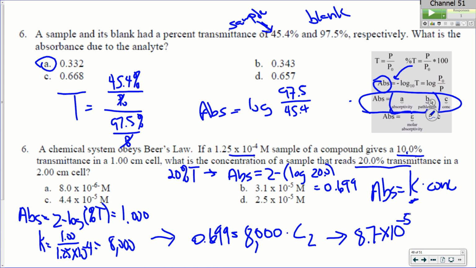Hopefully I got an answer that matches that. 8.7 times 10 to the minus 5th. Put a number in wrong then.